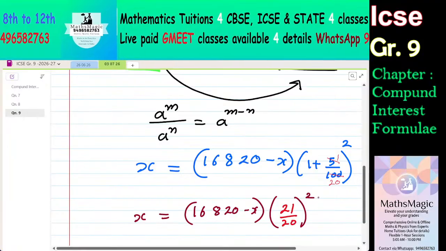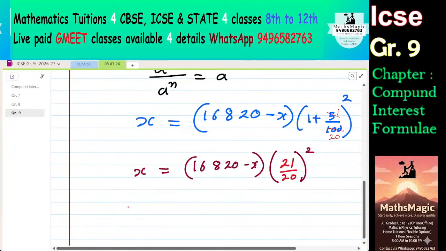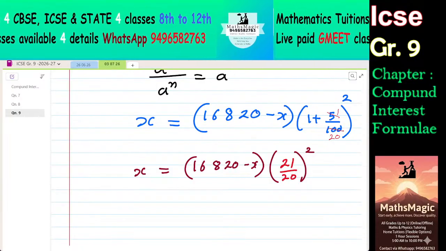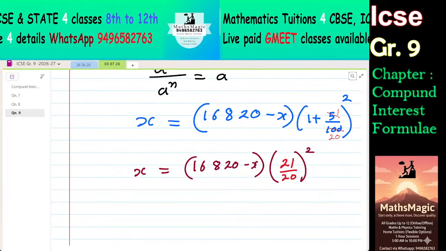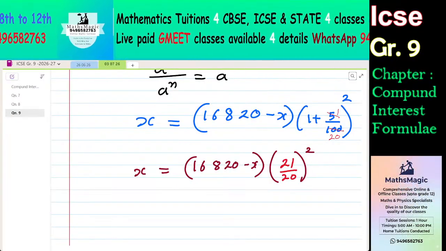So that will be 21 square, 441, and 20 square, 400. Yes, good. Move ahead.